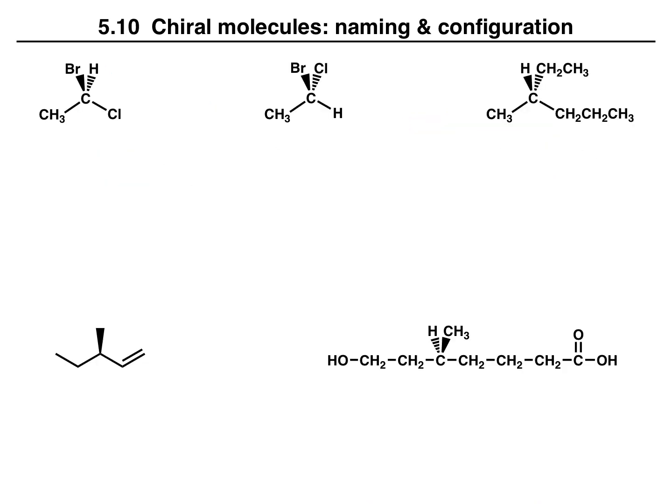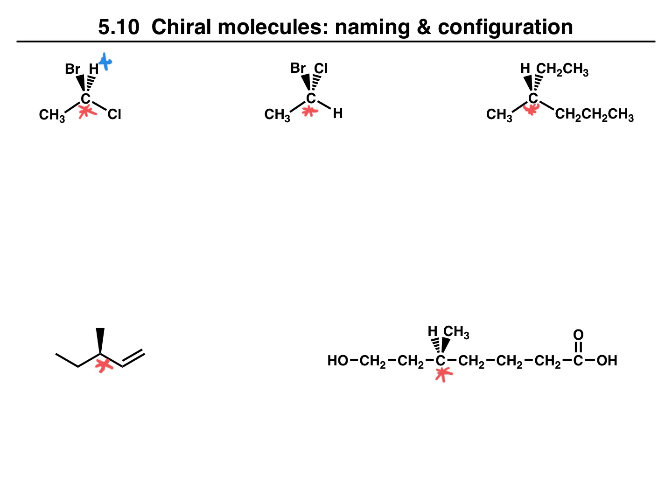Let's keep looking at a few more examples and try to determine the configuration so that we can use that as part of the name. So here is our chirality center, here is our chirality center, here, here, and here. Looking at the first compound, focusing on the different groups, we know that hydrogen is the lowest, that's going to be priority 4.